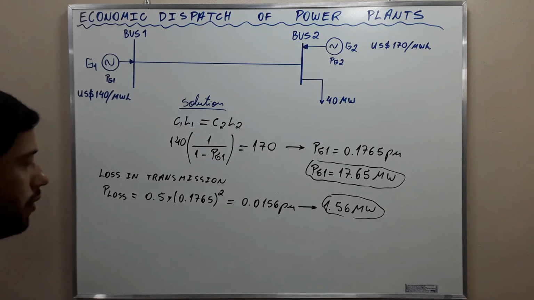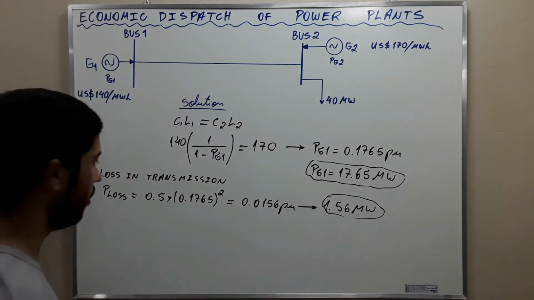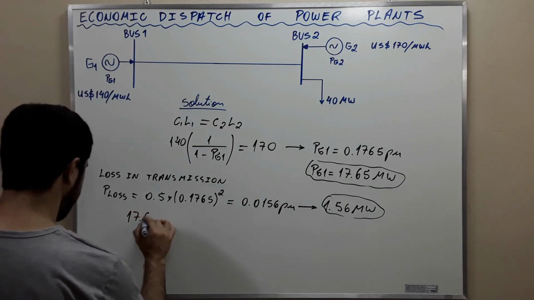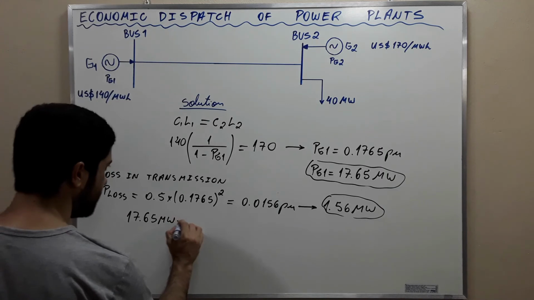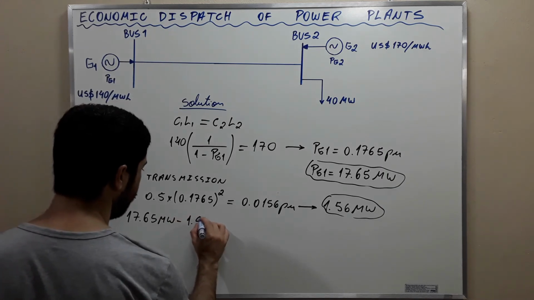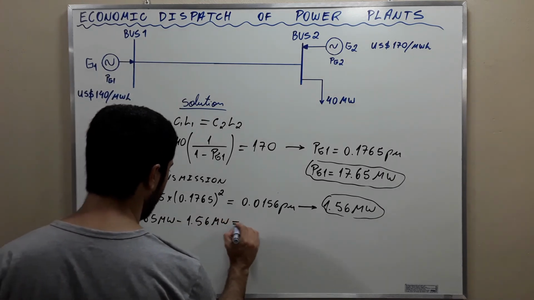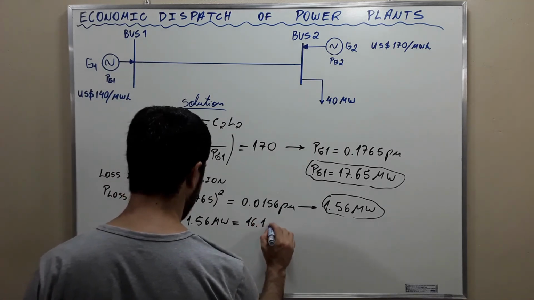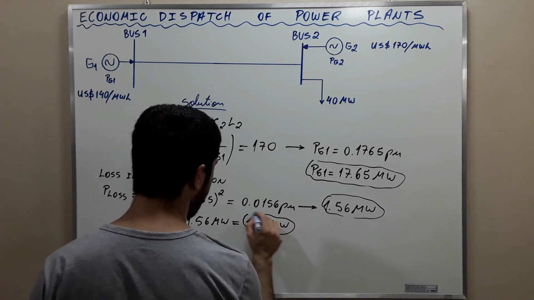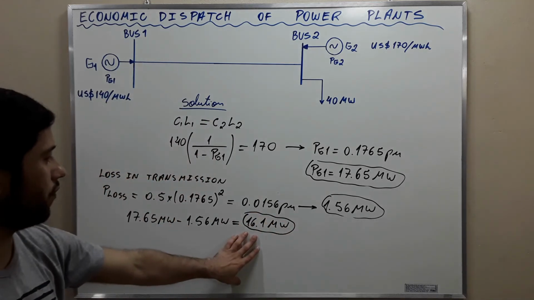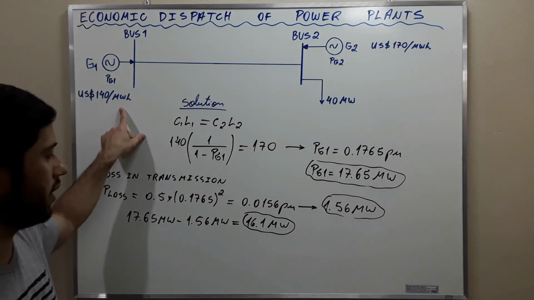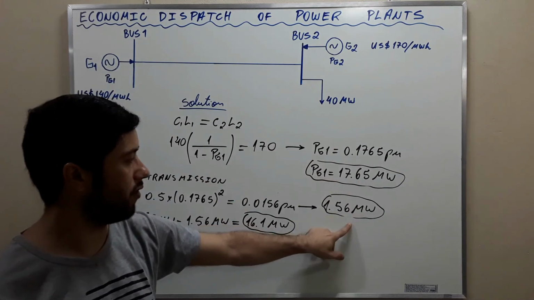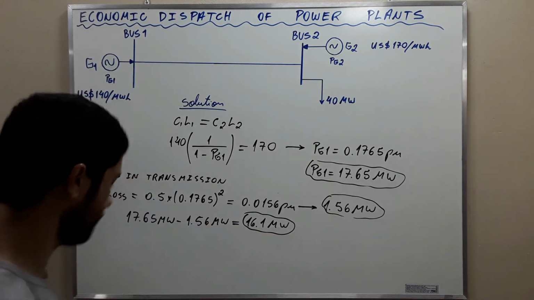The actual power generator 1 supplies to the load is then 17.65 megawatts minus 1.56 megawatts, which is equal to 16.1 megawatts. This is the fraction of the power supplied by generator 1 that actually goes to the load. The rest is lost in transmission.